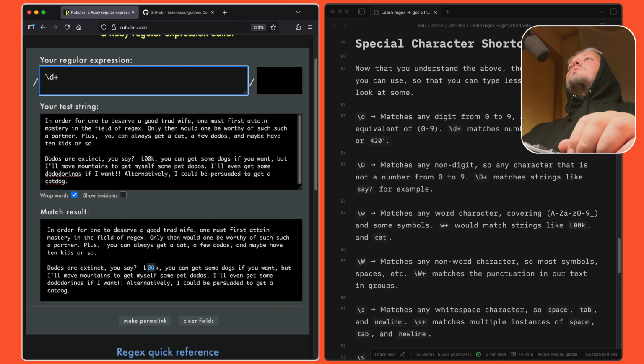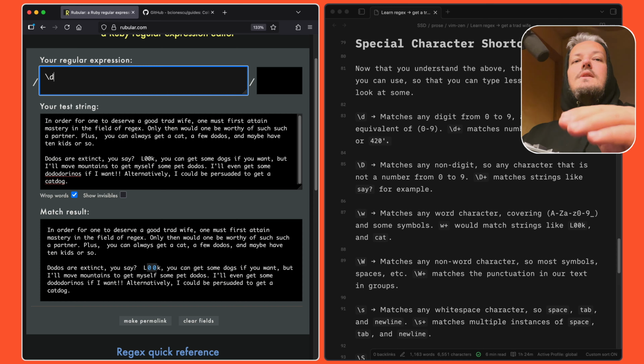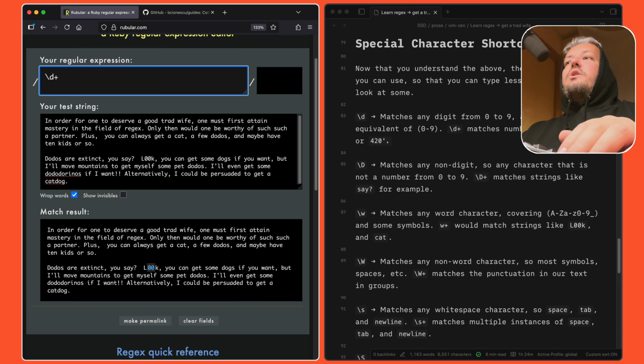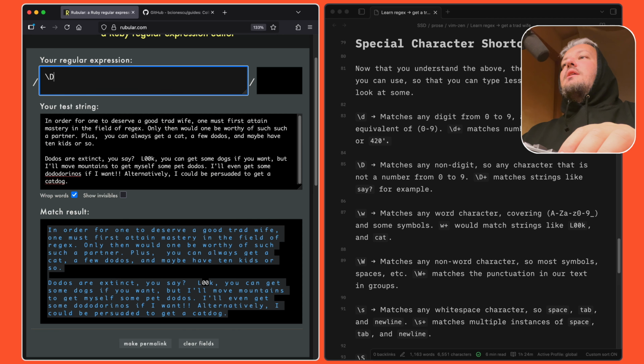For example, you could be using regex to programmatically extract each digit in an integer, right? You could use something like this to extract every single separate digit and put it in an array, for example, or you can do this to extract any separate numbers that exist in your data. Now if we did capital D, this matches any non-digit, so any character that is not a number from 0 to 9.